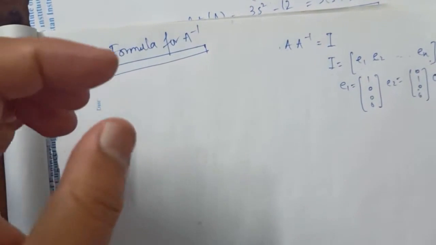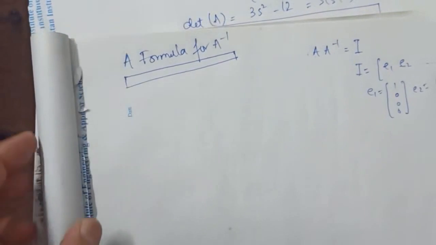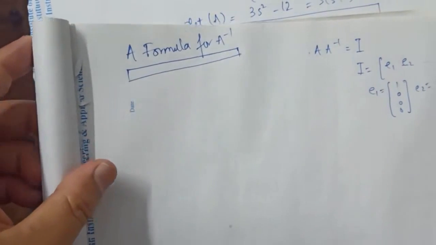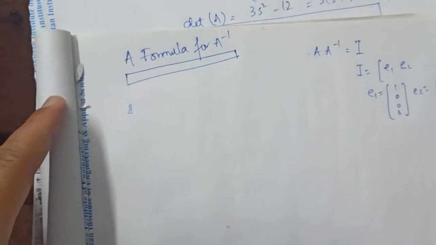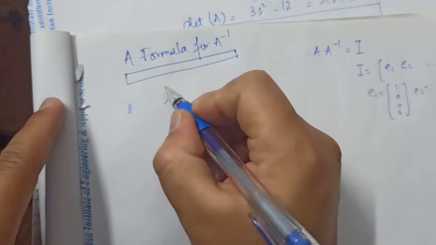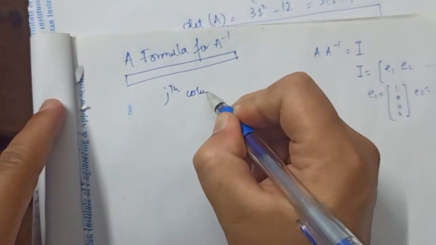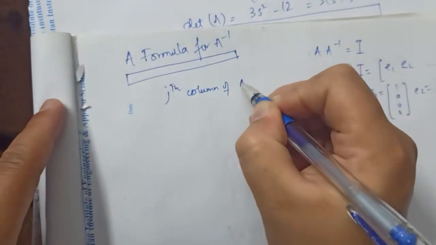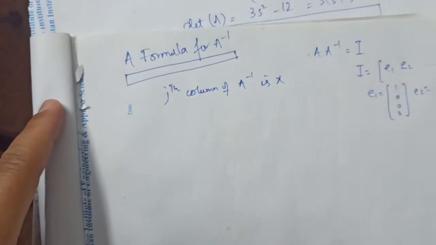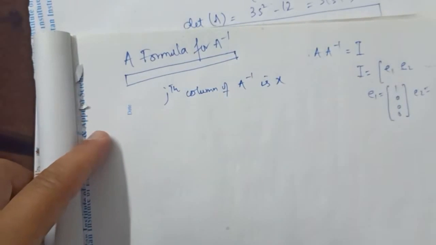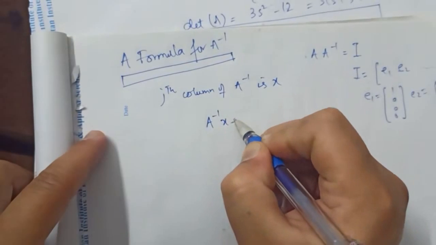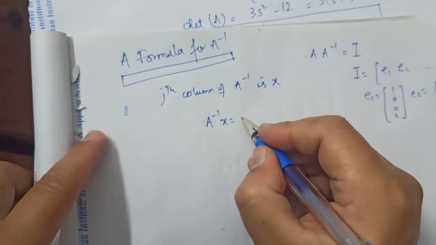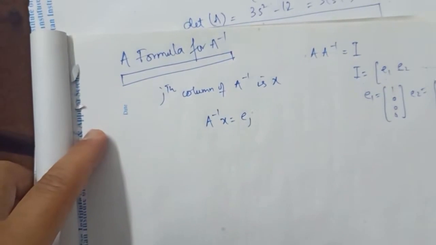Now so if I say this, that the jth column of A inverse is x, then I can say A times x is nothing but equals to Ej, right?